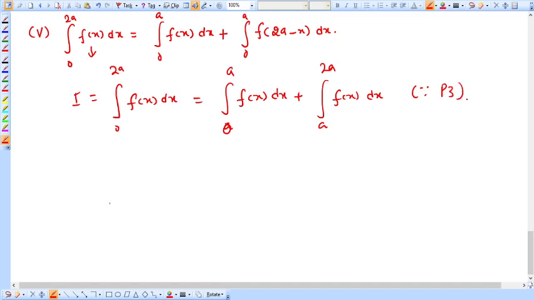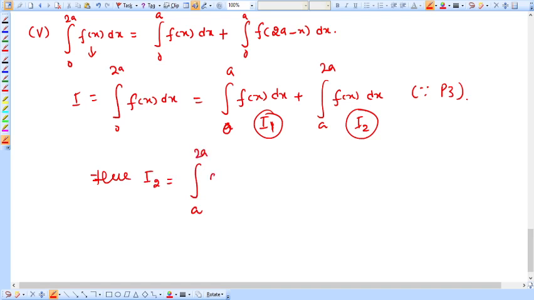Call these I1 and I2. So here I2 is equal to integration from a to 2a of f of x dx, right.